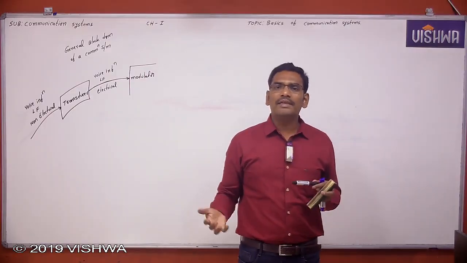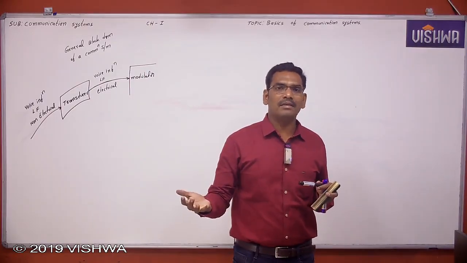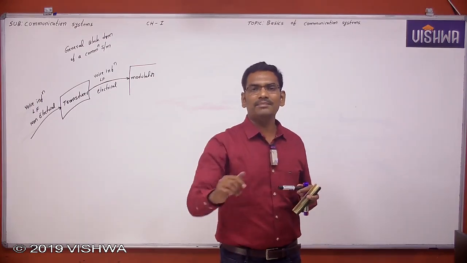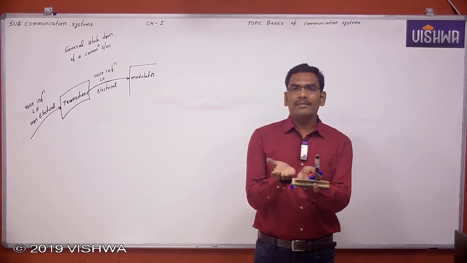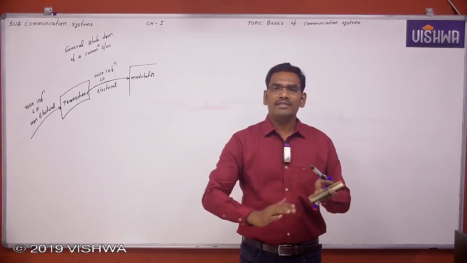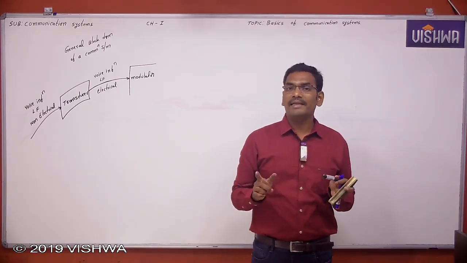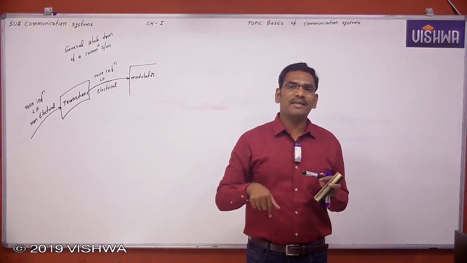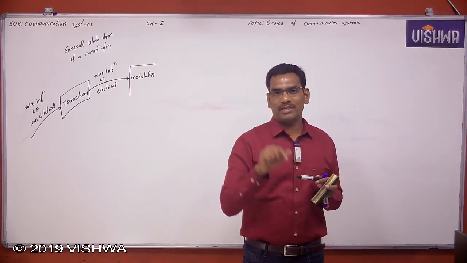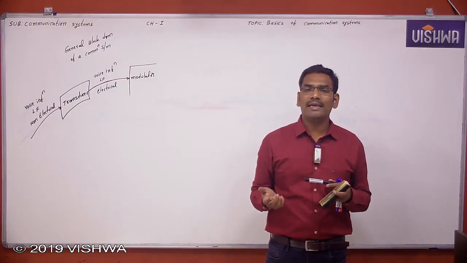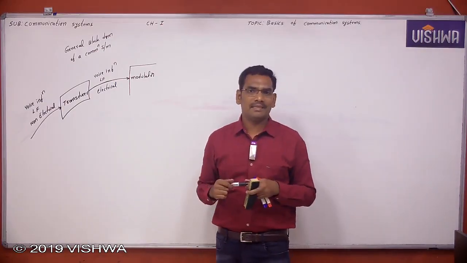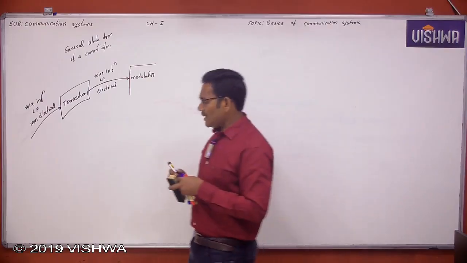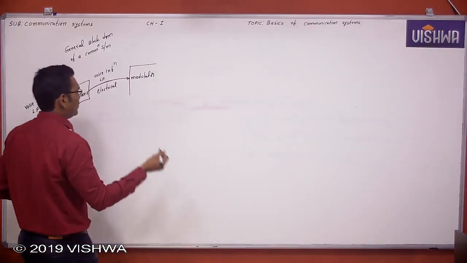Then you take the help of another person who can cross the bridge safely. But the intention is not that particular person; the intention is that this person walks on the bridge, but you cannot. So you can take the help of another person. That other person is nothing but the modulator.